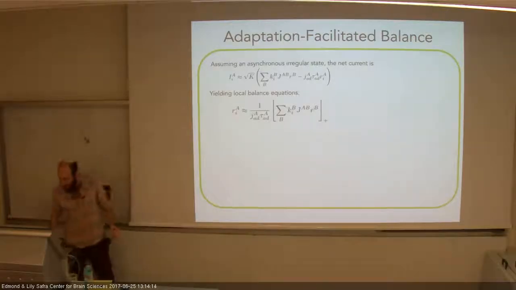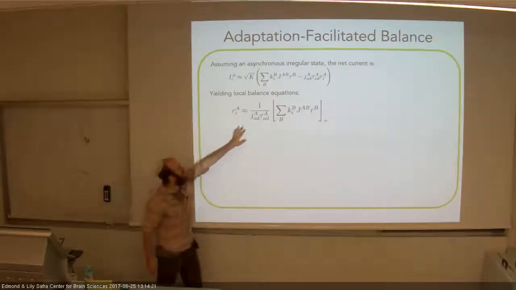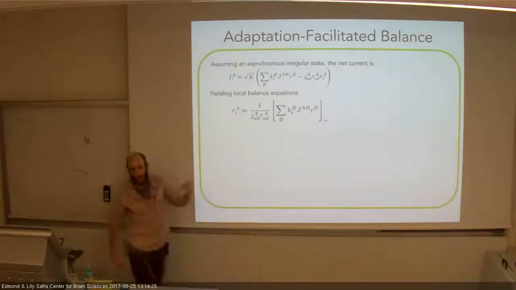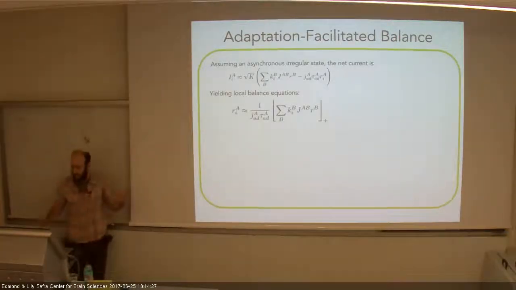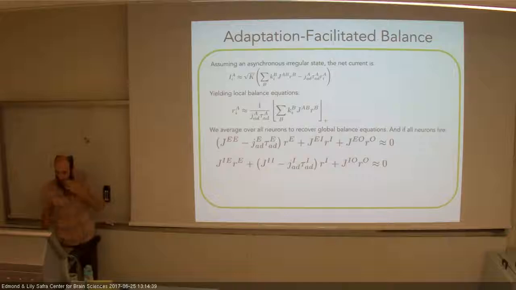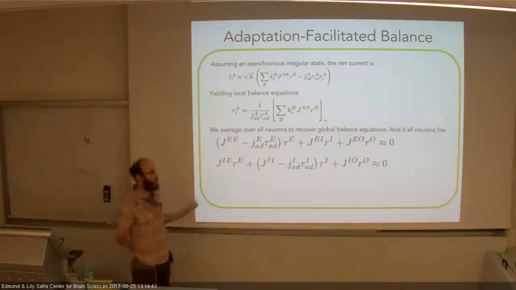Solving that in a particular regime, basically if the adaptation terms here are strong enough, then it turns out all of these will be positive. All of the cells will receive net positive input, and in that case, the expression is totally linear. And we can average naively on the left-hand side and just get exactly R_A, and then rearranging terms, we recover balance equations that look very similar to the classic two balance equations.